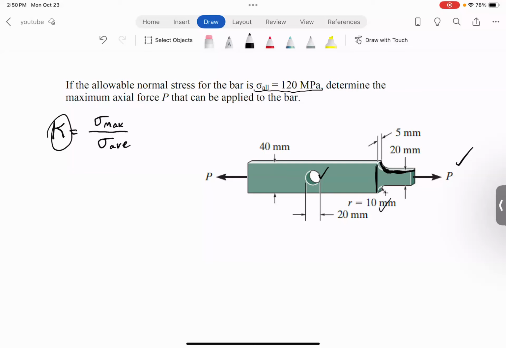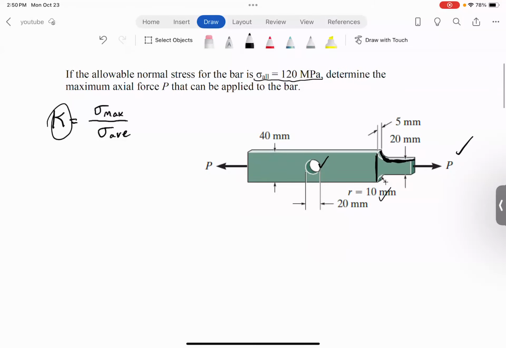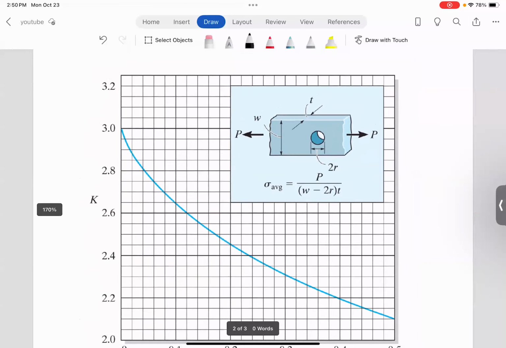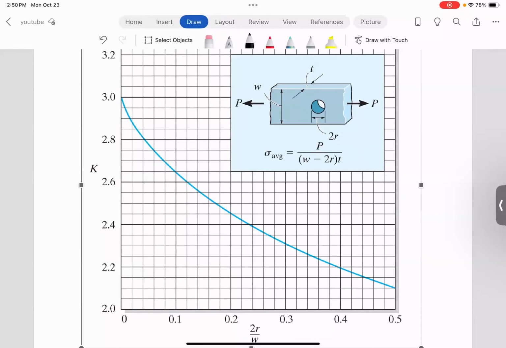Okay, before I start the problem, let me show you that we have charts that will allow you to find the stress concentration due to the hole or due to the tapering of the bar. These are typically the diagrams that we use.